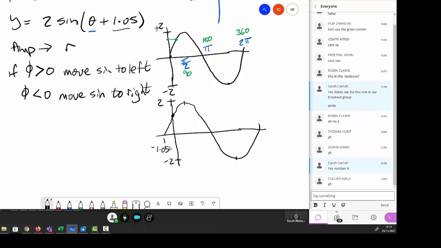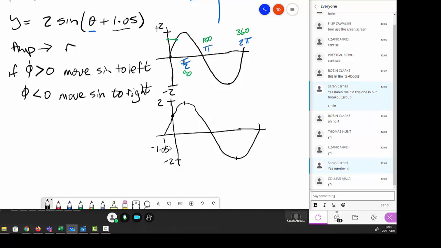Okay, so you're going to be asked this on your exam, just so you know, and it's worth 2 marks, and this is 2 really easy marks if you get this. So in this particular case, phi, the phase angle, was 1.05, so 1.05 is less than pi over 2. I'll do it in degrees, so 1.05 is about 60, the max there is 90, so I've just come down a bit, a third of the way if you like, and I've just moved the whole curve by that amount to the left.